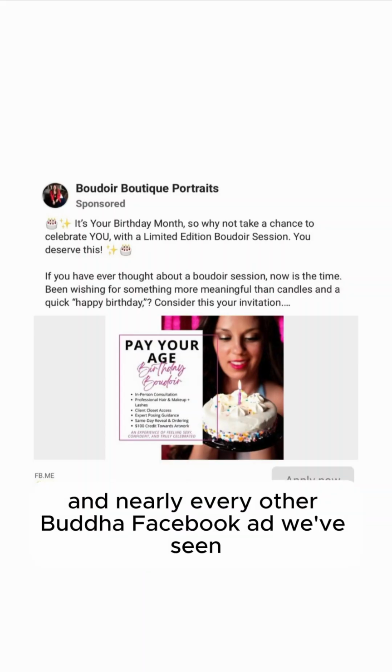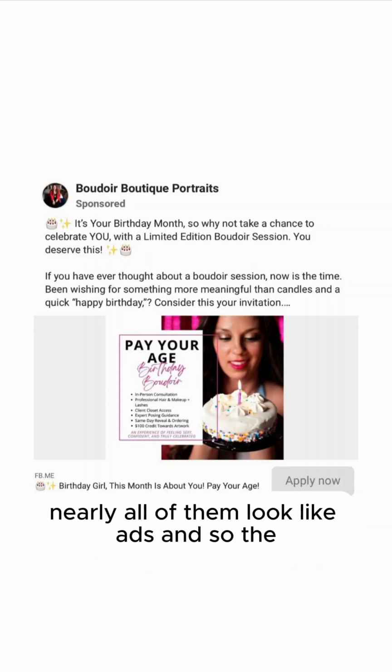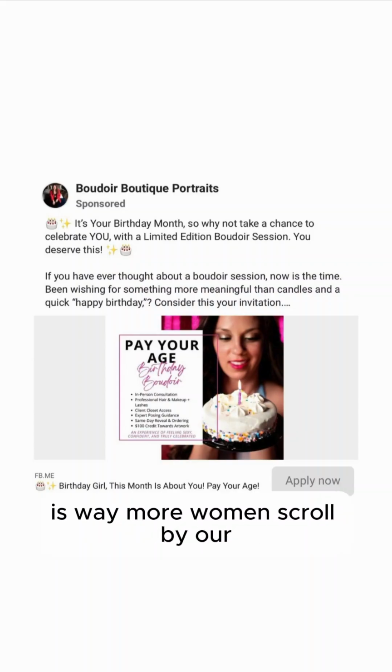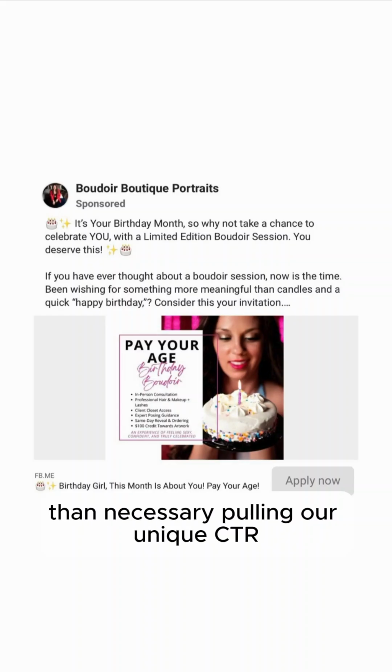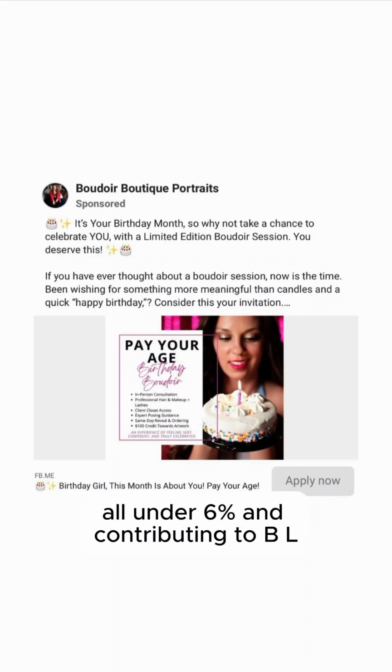And nearly every other Boudoir Facebook ad we've seen, nearly all of them look like ads. The consequence of this, when we make ourselves look like ads, is way more women scroll by our ad than necessary, pulling our unique CTR all under 6%, and contributing to BLCS, aka Boudoir low click syndrome.